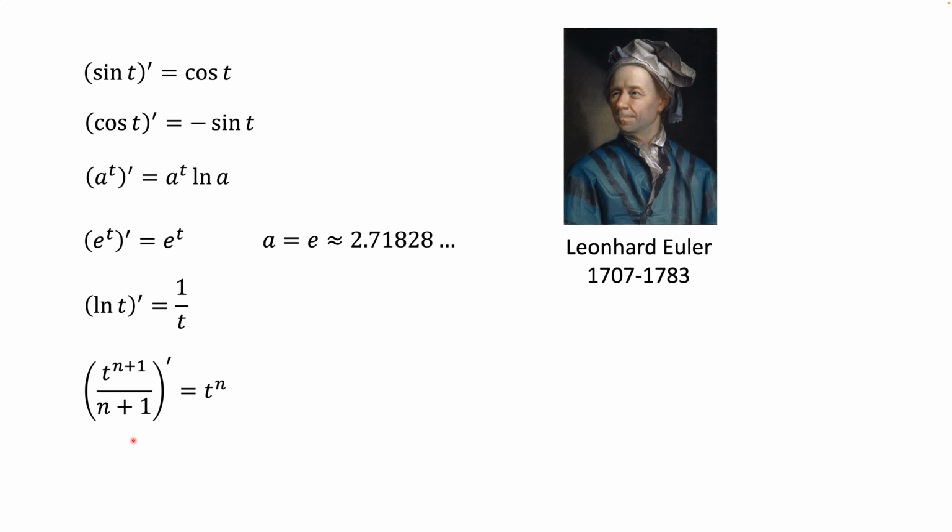Well, in math, we don't divide by 0. So basically, it tells you that this formula is not applicable when n equals minus 1. In fact, this formula works for any n except n equals minus 1. And for n equals minus 1, we need to use this formula.